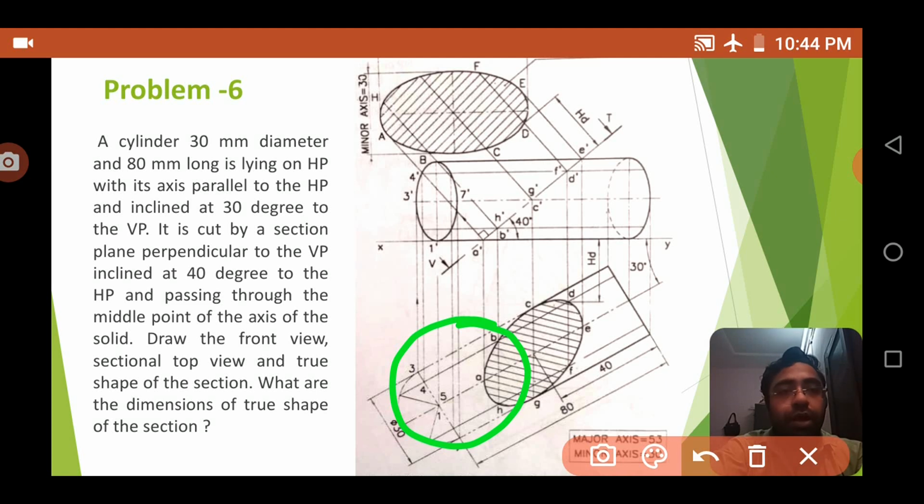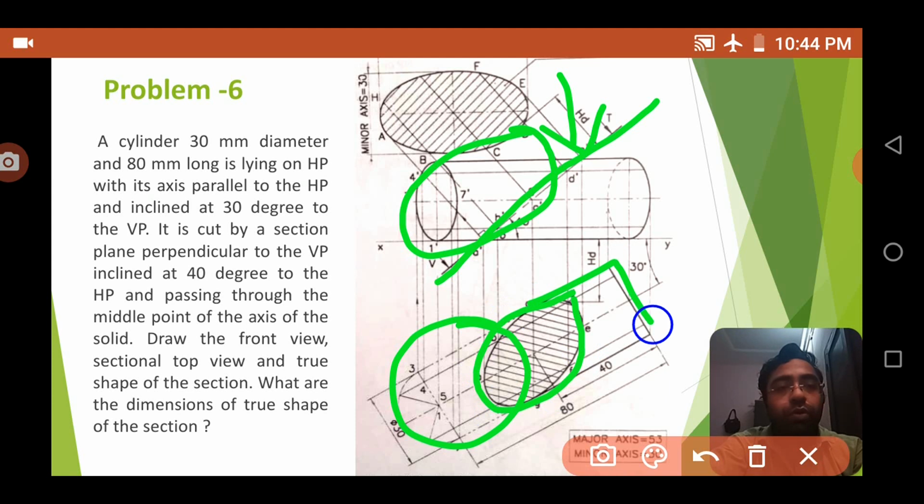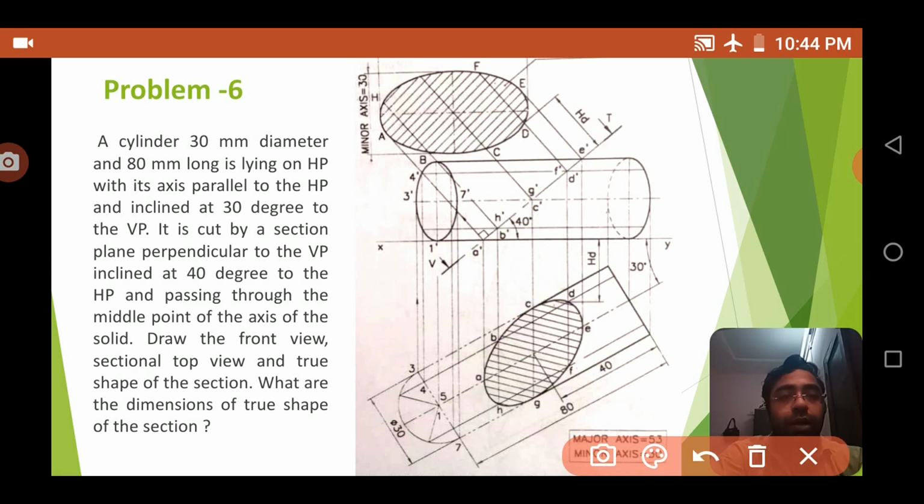When we apply a cutting plane like this, this portion is removed, and you are now seeing from the top, so you will see only this shape. That is why this part is in dashed lines, because they are invisible edges. But before that we can complete the drawing, and after that we can change its line structure.